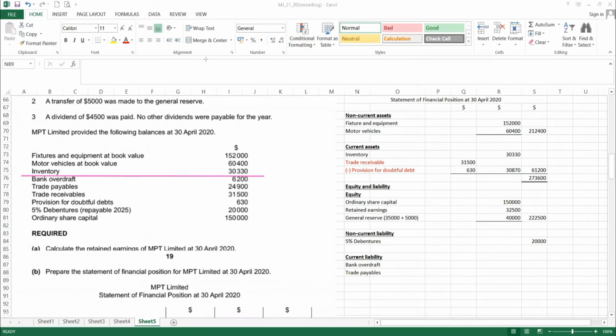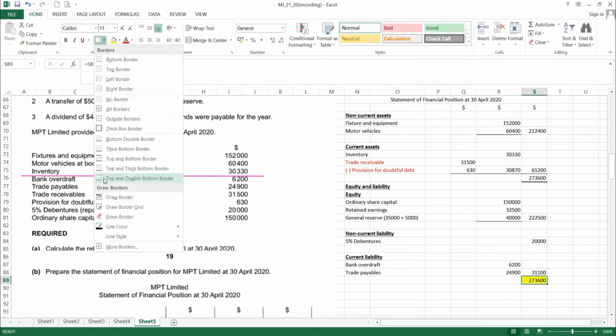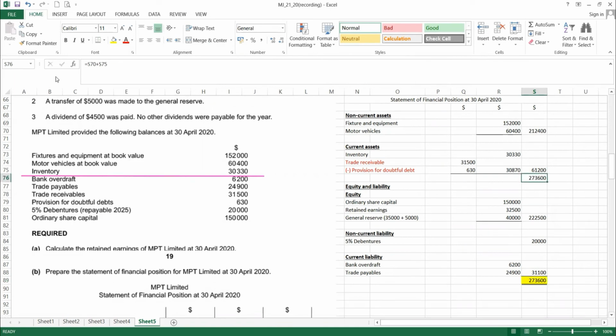Okay, bank overdraft is 6,200, and trade payable is 24,900. So we add the total to see whether we can get it balanced. If it balances, that means our account should be fine. Okay, so the amount is the same as the total asset, which means that our account should be no problem.